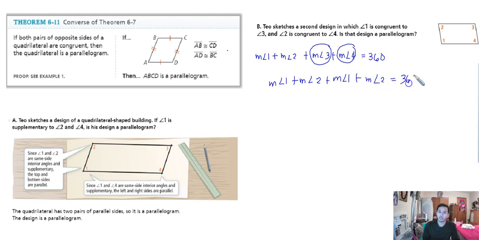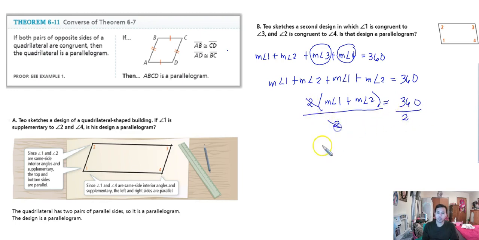That is 360. Now, there are two angle 1s and two angle 2s. So the measurement of angle 1 plus the measurement of angle 2, doubled, is equivalent to 360. Now you can divide the entire equation by 2.